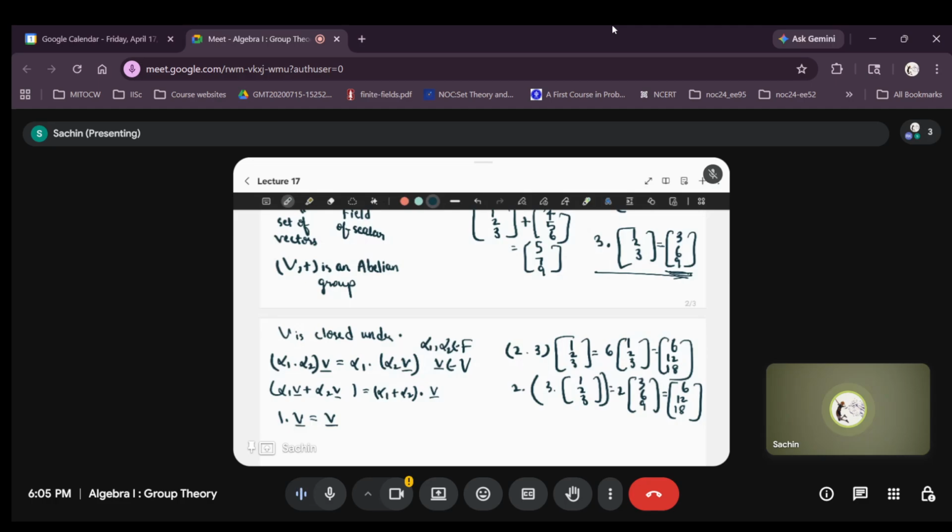A subspace is again a subset of the vector space, which is a vector space itself under the same addition and scalar multiplication with the same field. Most of these, subgroup, subring, subspace, everything is that they are subsets of the original set which form the same group structure, the same algebraic structure.